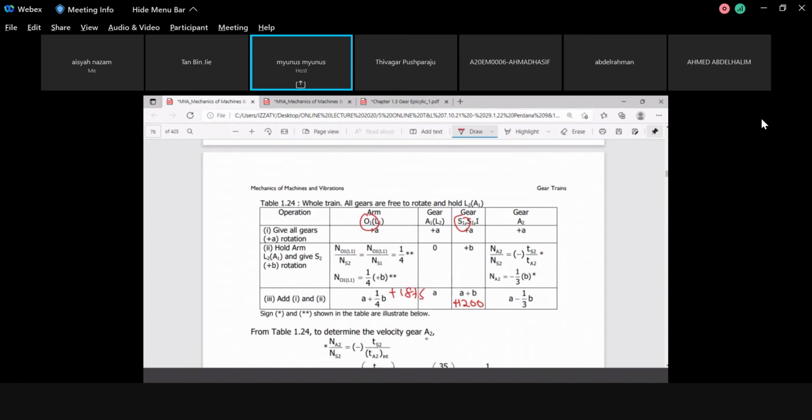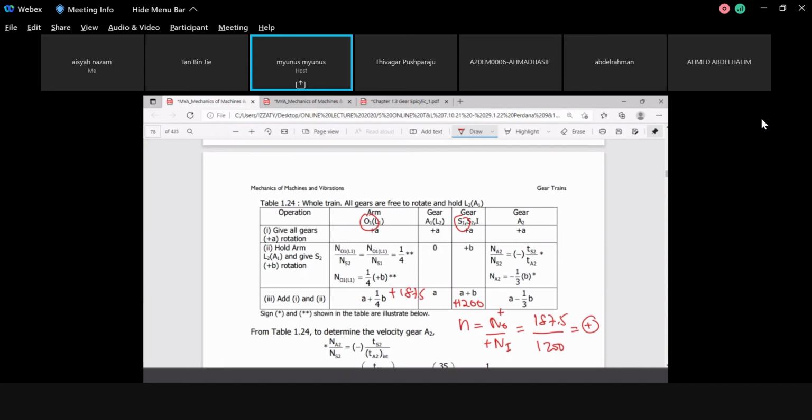If you want to look for the gear ratio, for example, the gear ratio will be, of course, NO by NI, equal to whatever you have here. O is 187.5, here is 1,200, and you will have a positive here, correct? Because these both give you positive.